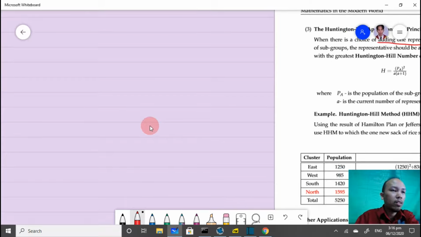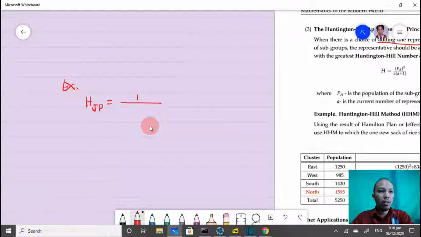For example, the Huntington-Hill number of the Jurassic Park: the population is, if I remember correctly, 16,000.